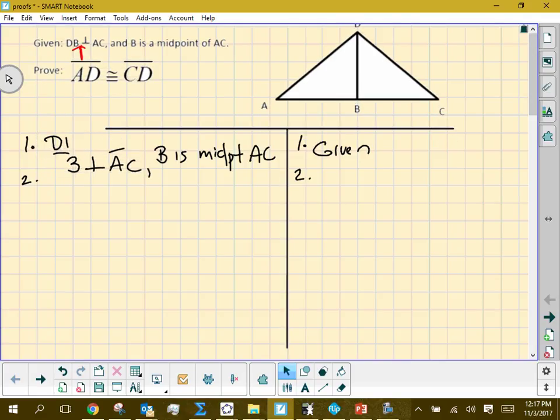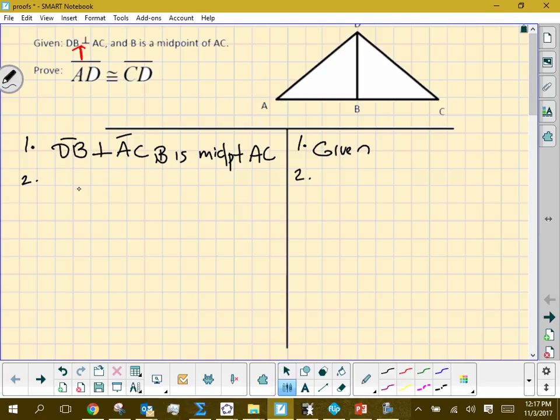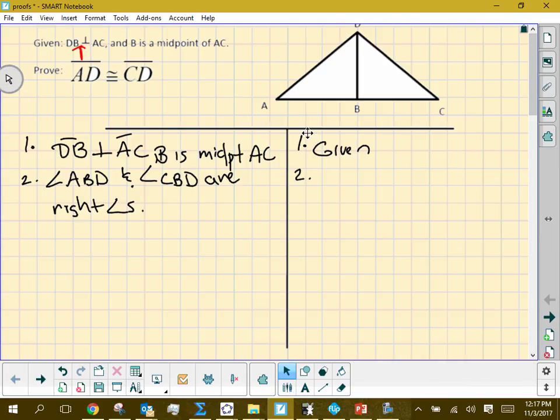Let me move this stuff around a little bit. All right, our right angles would be what? Angle ABD and angle CBD, right? We're going to say they are right angles. That is the only information that you can get from the word perpendicular.